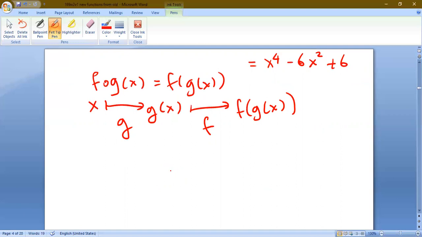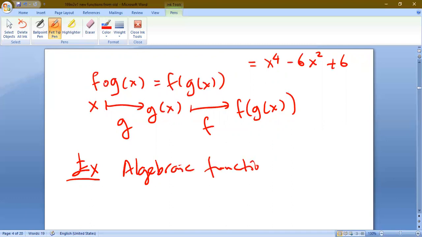Another way of obtaining new functions is like doing these compositions. By the way, another example is algebraic functions. So algebraic functions are kind of like rational functions.